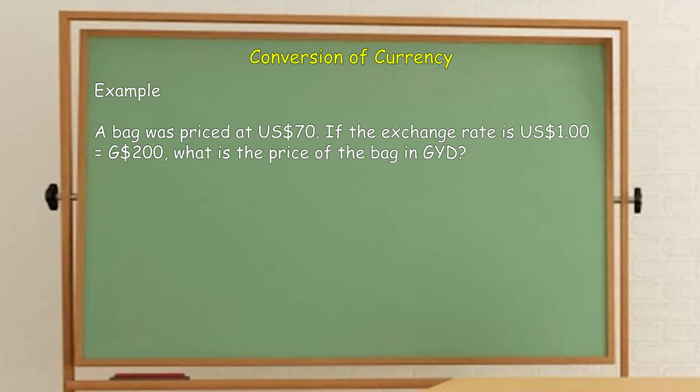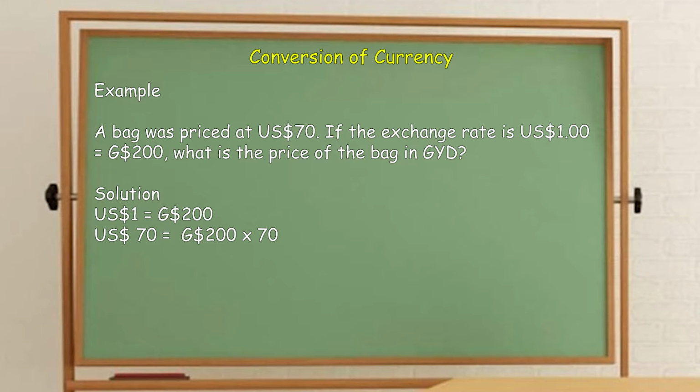Let's look at the second example. This will be in the form of a worded problem. A bag was priced at $70. If the exchange rate is $1 equals 200 Guyana dollars, what is the price of the bag in Guyana dollars?